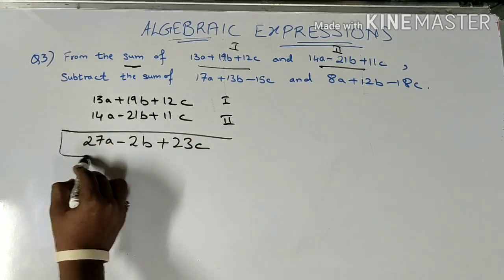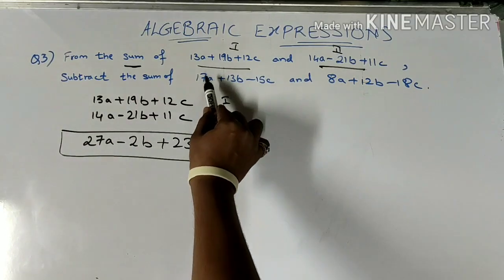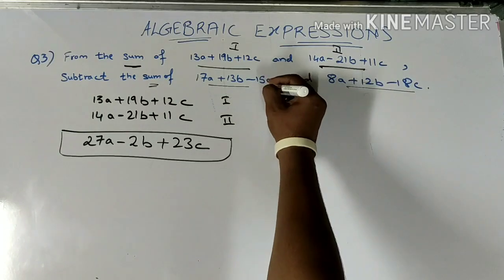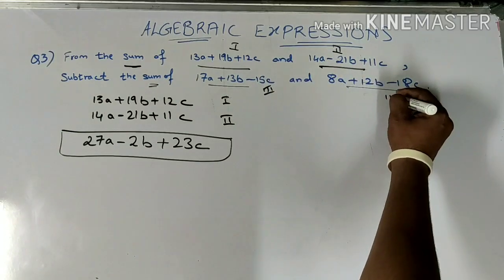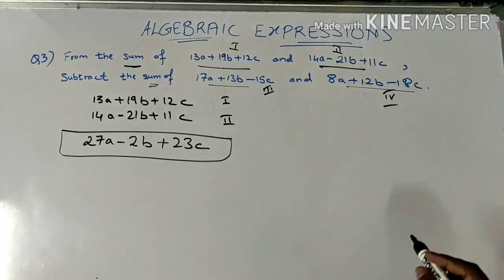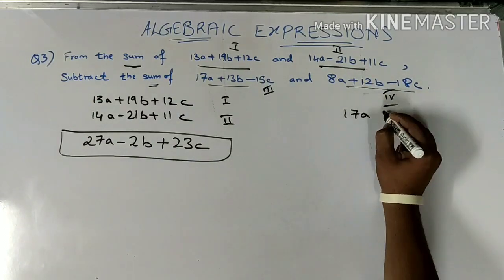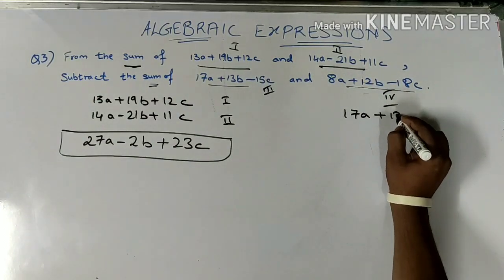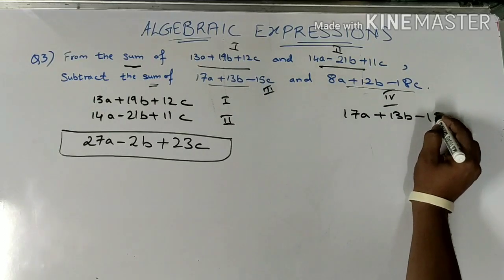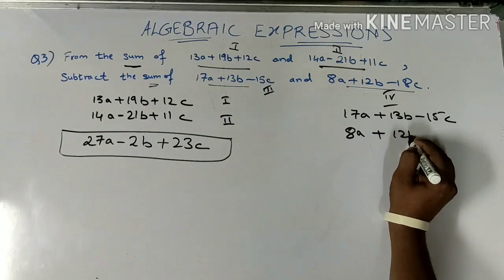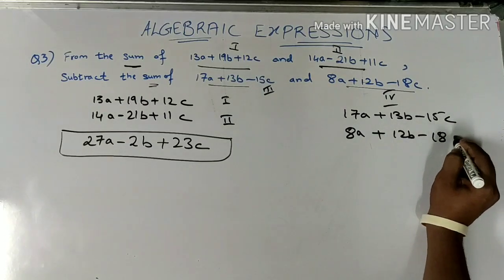So from this you are supposed to subtract the sum of the third and the fourth algebraic expression. So for that you will have to find the sum of the third and the fourth algebraic expression as well. 17a plus 13b minus 15c, 8a plus 12b minus 18c.